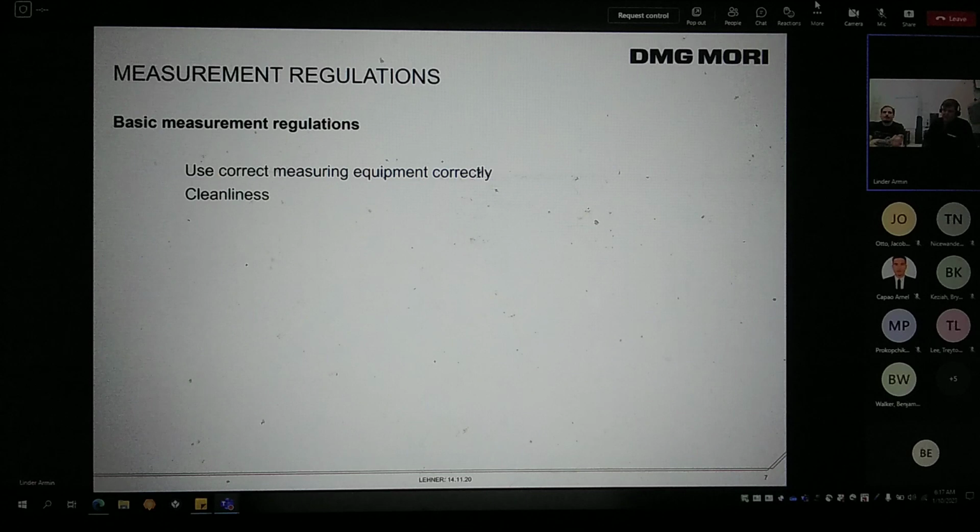Cleanliness is also a big thing. We measure on surfaces like tables, pallets, mandrels and frames, so you have to be sure for every measurement that it is clean.